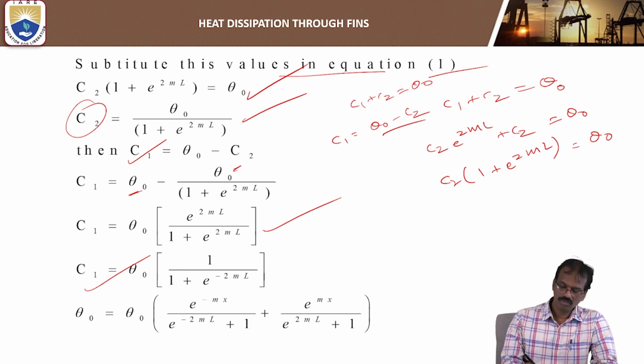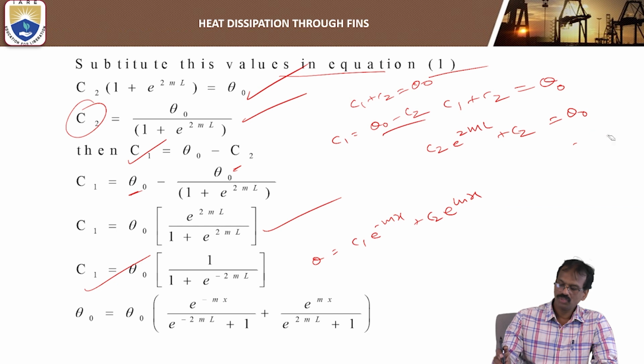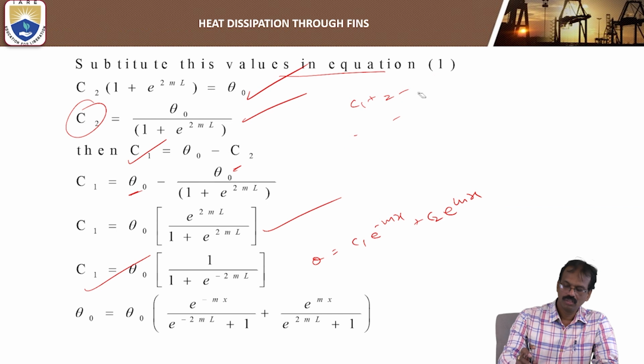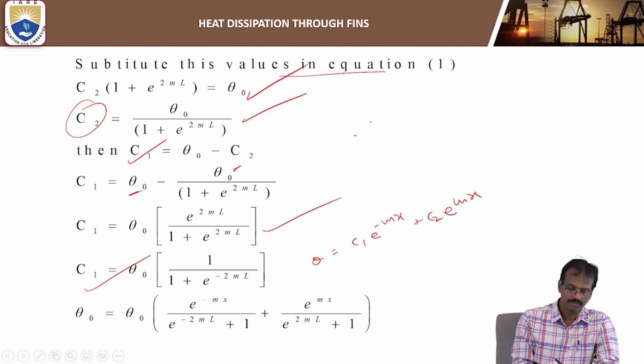Then you know the general equation, that is theta is equal to C1 e to the power of minus mx plus C2 e to the power of mx. Okay. So if you substitute the C1 and C2 values in the general equation, you will get this equation.